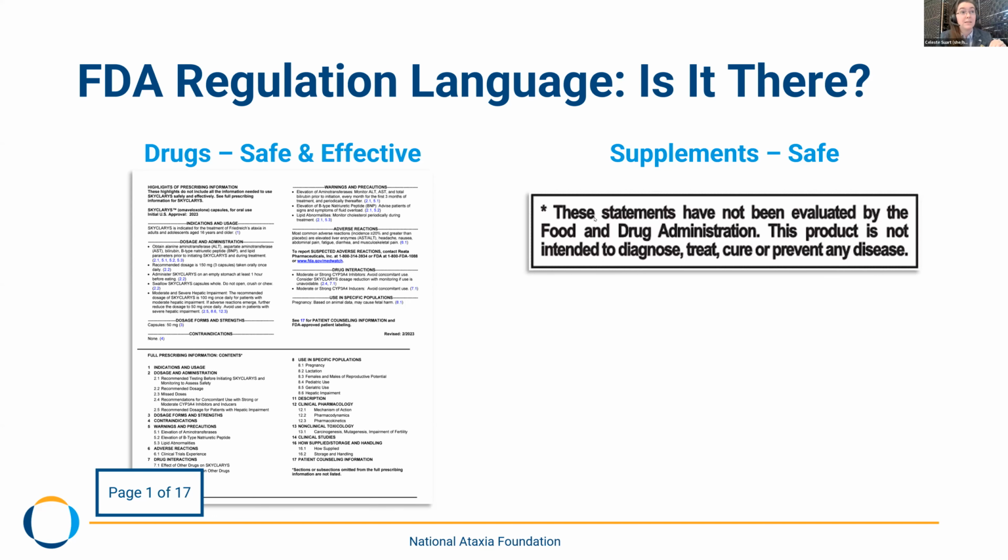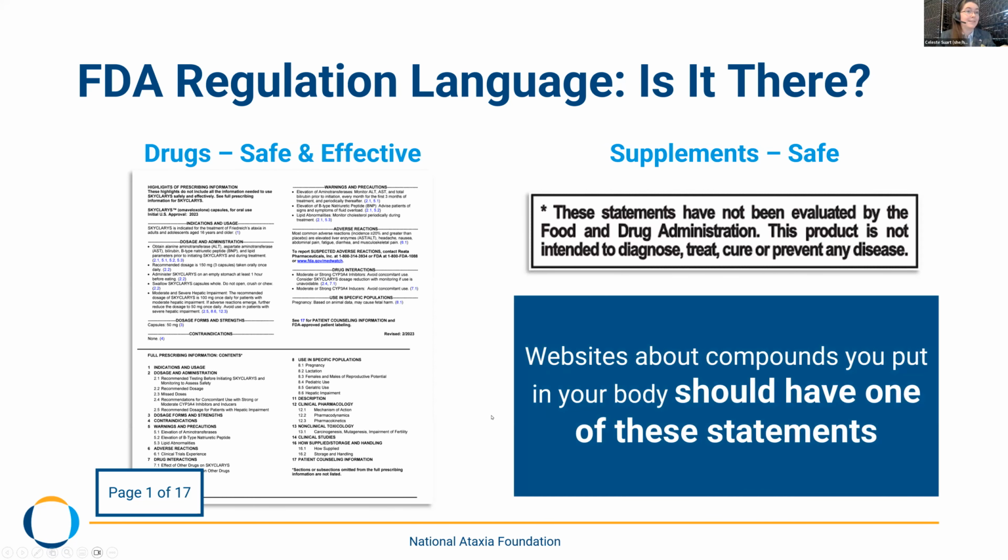The exact statement is: these statements have not been evaluated by the Food and Drug Administration. This product is not intended to diagnose, treat, cure or prevent any disease. If you're looking at a supplement, they should have something to this effect to state that they are meeting the legal requirements to inform you that this product is safe, but they can't make any claims in terms of efficacy.